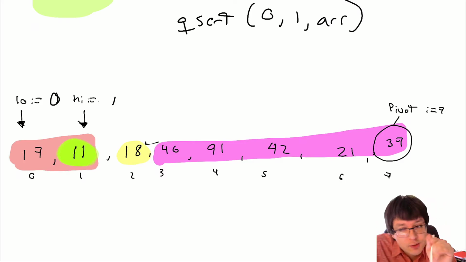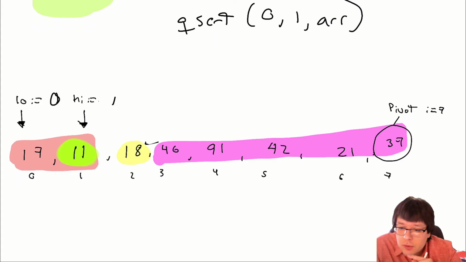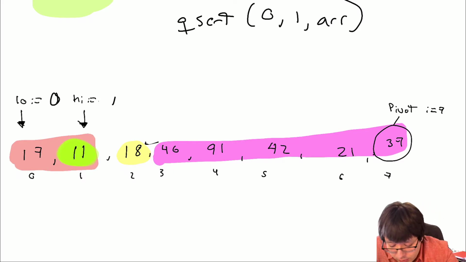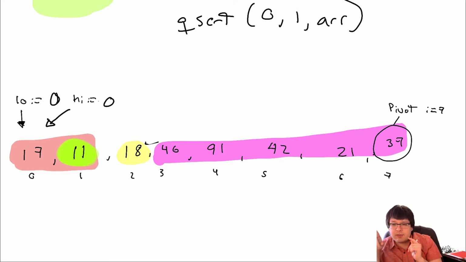When you start the algorithm in this special case, you got 0 and 1, right? Because you picked the pivot to be 1, it actually turns out that high is going to contain 17, not 1. So 0. Yes, because you don't want high to be pointing to the same thing as the pivot. Otherwise, I feel like you might get caught in an infinite loop or you might break things.